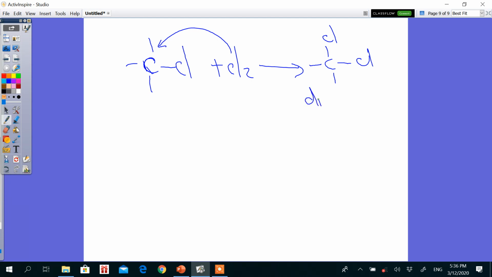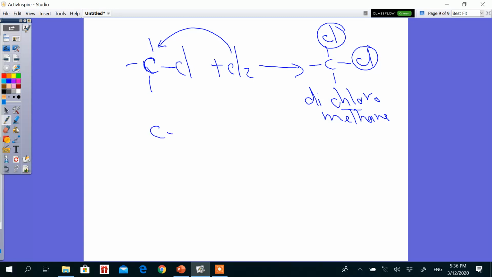It is called dichloromethane. Dichloro, I have 2 chlorine, and C in the middle is for methane, dichloromethane. Also, I can complete that.